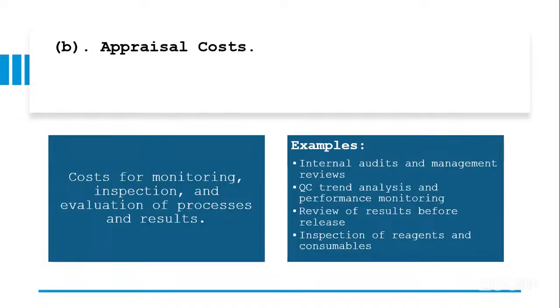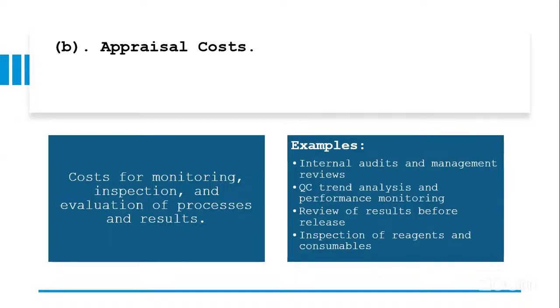For example, maybe there is a clinical pathologist who needs to review that result before it's released. Bringing on board that clinical pathologist, whether on a permanent or locum basis, comes at a cost. That is a cost that we need to look at. Inspection of reagents and consumables comes at a cost.